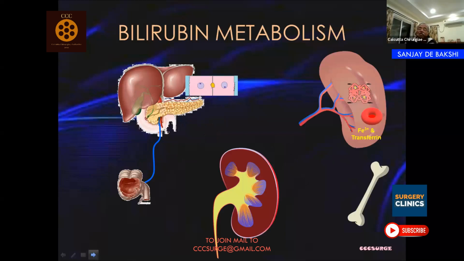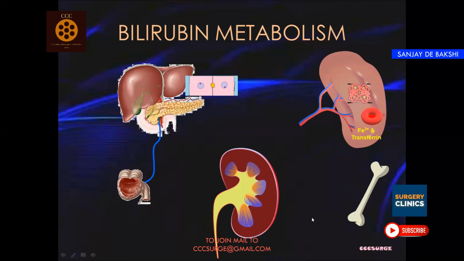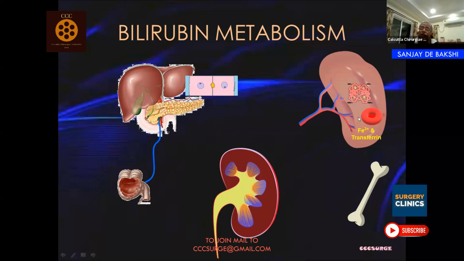So bilirubin metabolism. How is bilirubin formed? After the death of the RBCs in the spleen, hemoglobin is broken down into heme plus globin, and that heme is converted. The iron goes out.